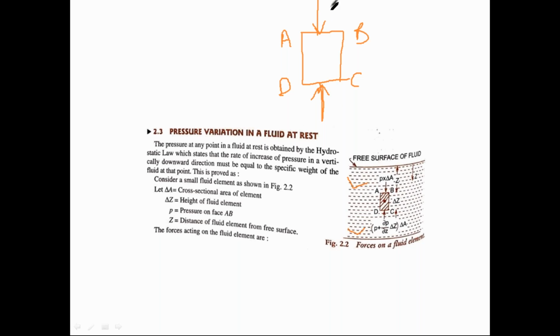That's why I am saying the pressure force is P into delta A over this surface, and over the other surface it is greater. It is not of equal magnitude; it is P delta A plus something. How much greater? It is greater by this much.